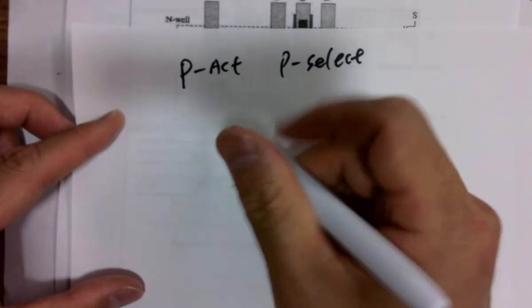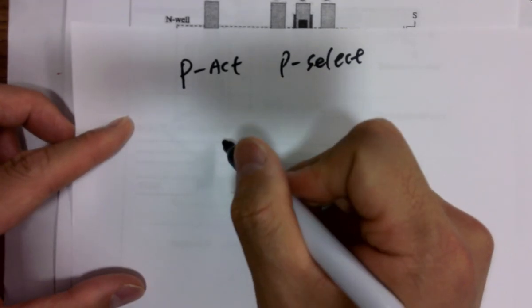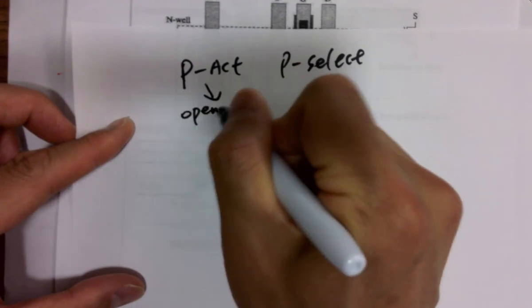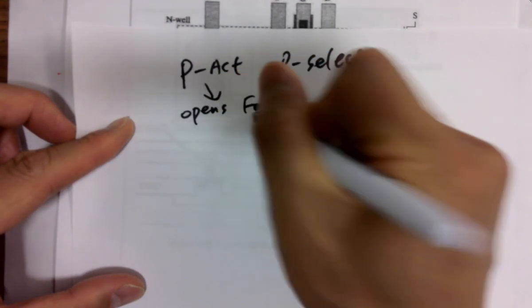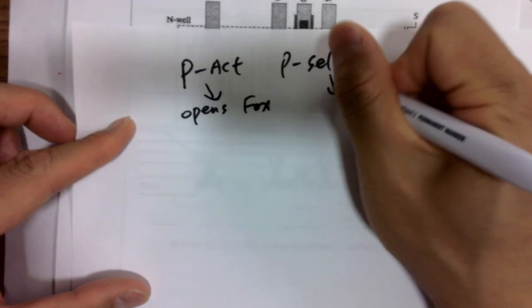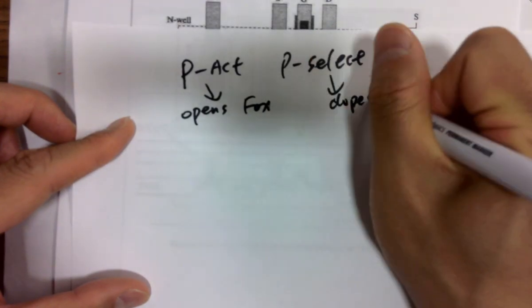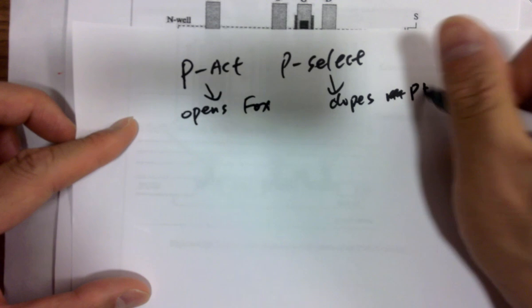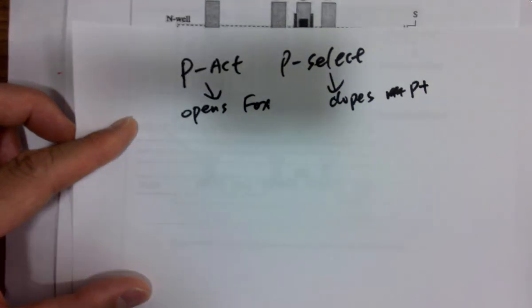So what this does is P act, this guy, opens the Fox, and P select dopes P plus within that window.